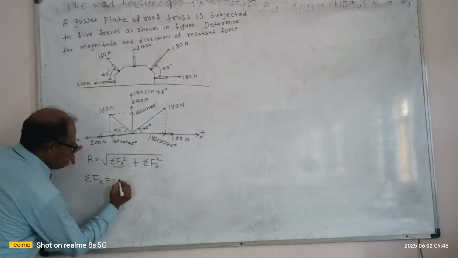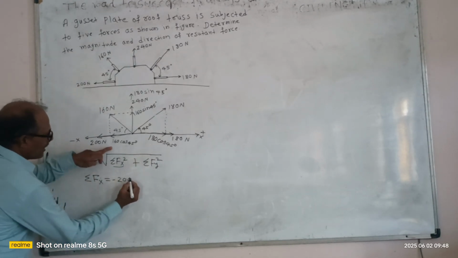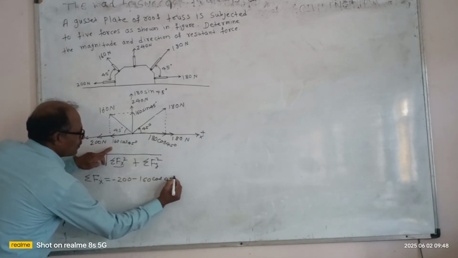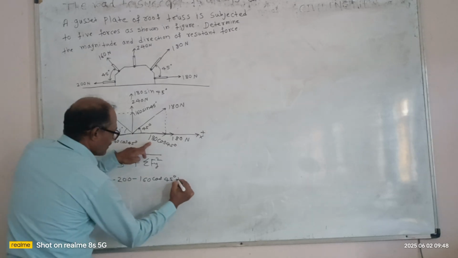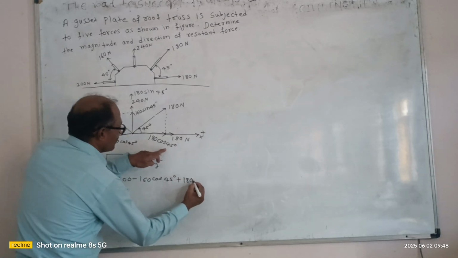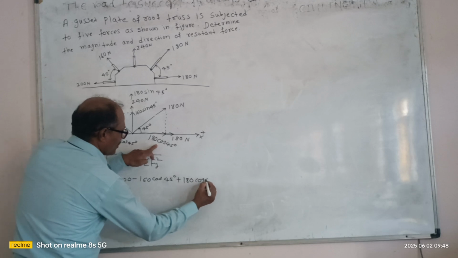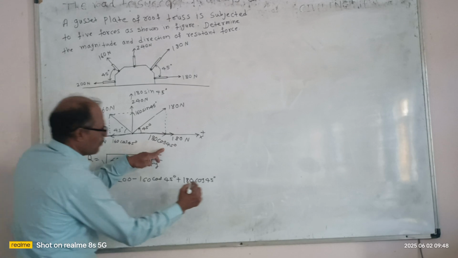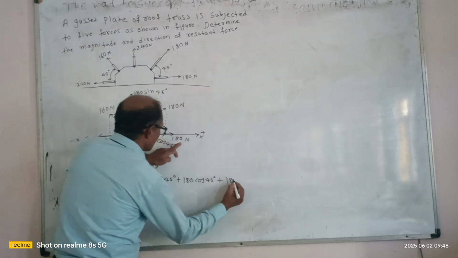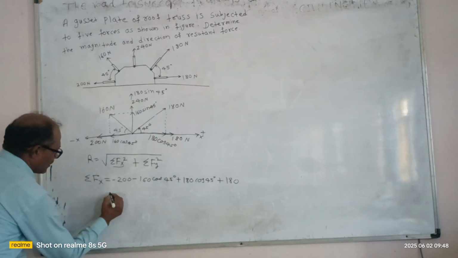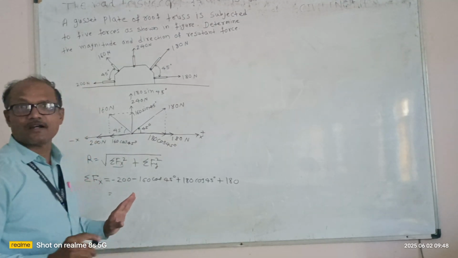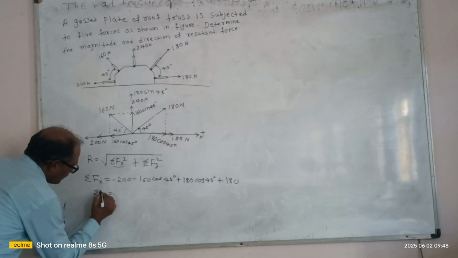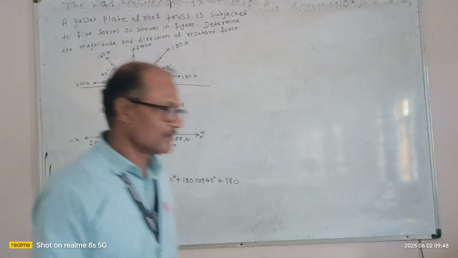So minus 200 minus 160 cos 45 plus 180 cos 45 degrees plus 180.